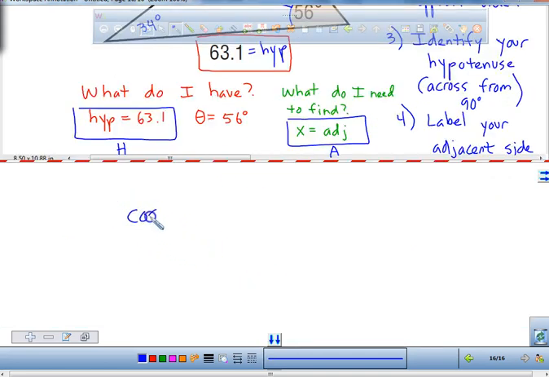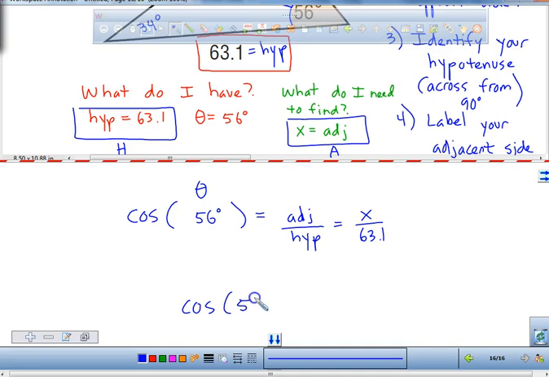So right now, here's what you write down. You write down the cosine of the angle, so the cosine of theta. And theta is equal to 56 degrees, is equal to my adjacent side in relationship to the hypotenuse. Well, what is our adjacent side? Adjacent x. What is our hypotenuse? 63.1. So after you plug everything in, this is what it looks like.